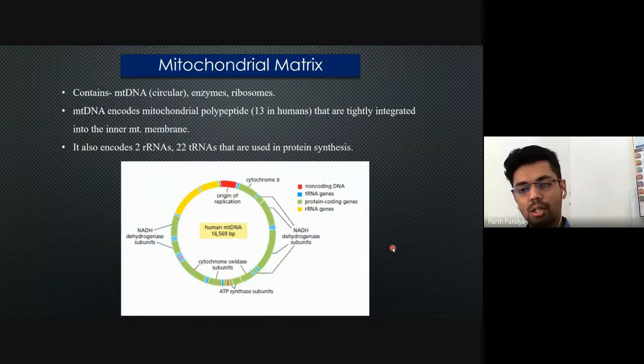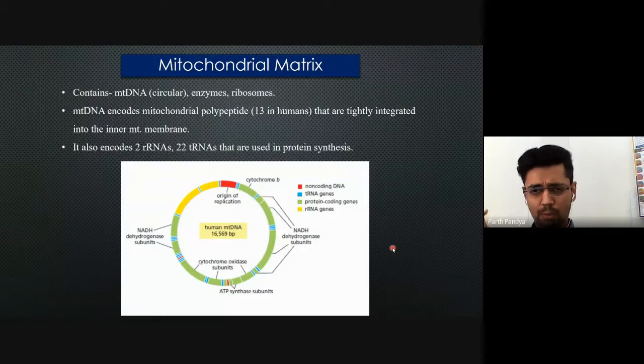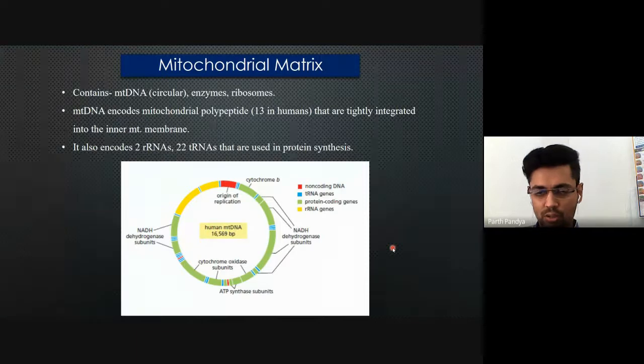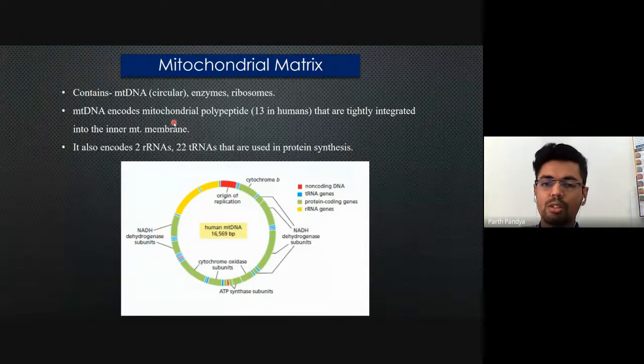In the endosymbiotic theory, the ancestor prokaryote engulfed a prokaryote which had its own DNA. So mitochondria, like chloroplasts, possess their own DNA, called mitochondrial DNA. Chloroplast DNA is different and is present in the chloroplast.